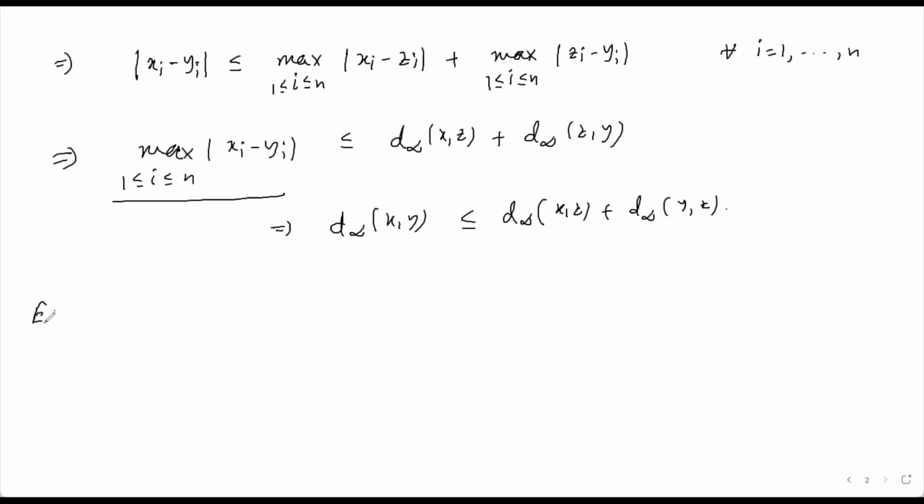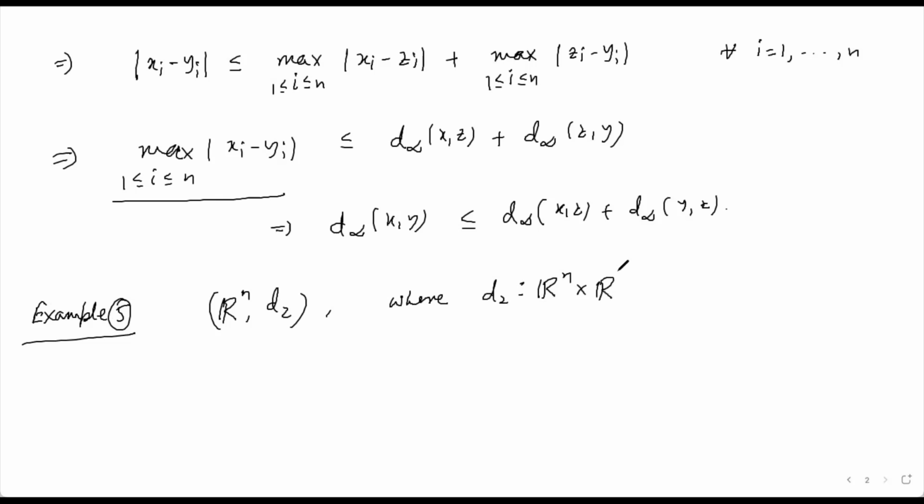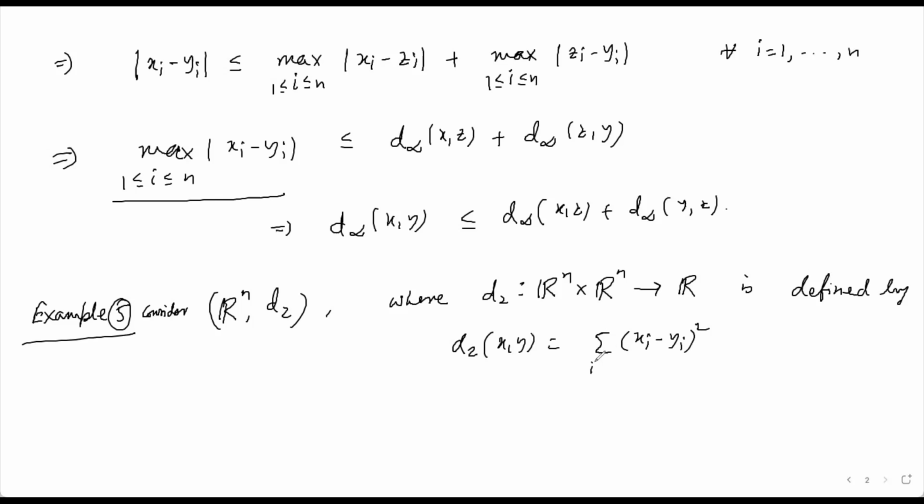So example 5, Rn comma d2, where d2 from Rn cross Rn to R is defined by d2 of x comma y is equal to the summation of (xi minus yi) whole square over i equal to 1 to n, whole power half.